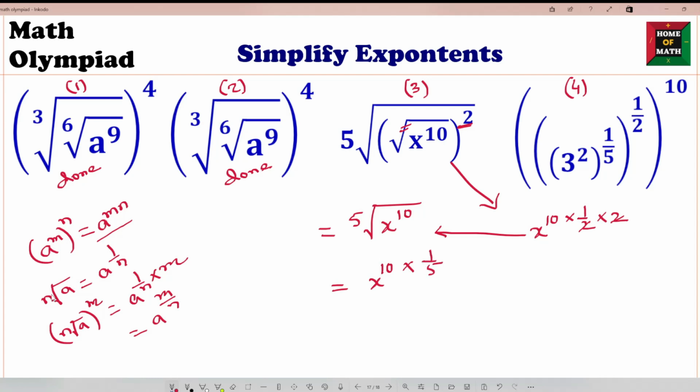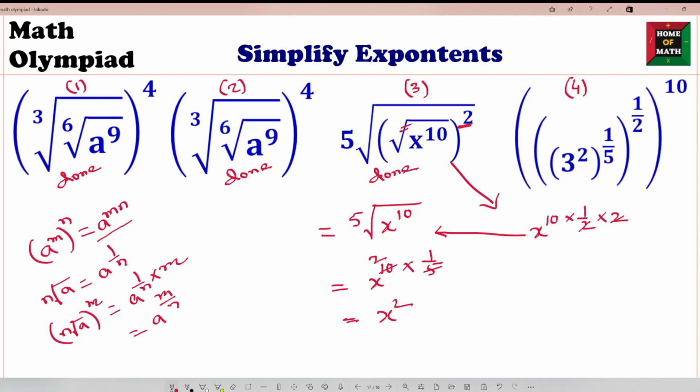Why? Because the nth root of a means a to the power 1 by n. So here 10 divided by 5 means 2. So here is x square, right? This is our answer. So number 3 is also complete.